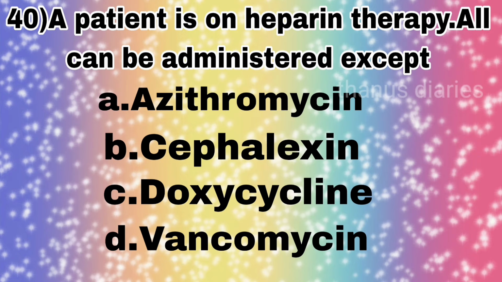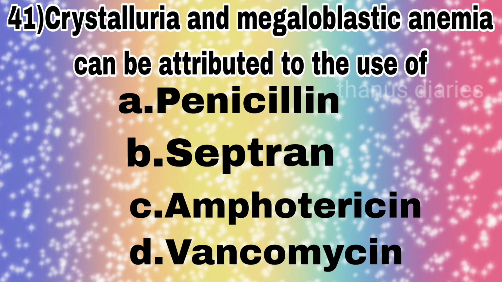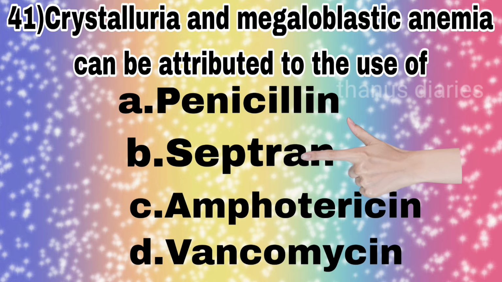Next question. A patient is on heparin therapy. All can be administered except azithromycin, cephalexin, doxycycline, vancomycin. Vancomycin. Next question. Crystalluria and megaloblastic anemia can be attributed to the use of penicillin, septran, amphotericin B and vancomycin. It's septran.